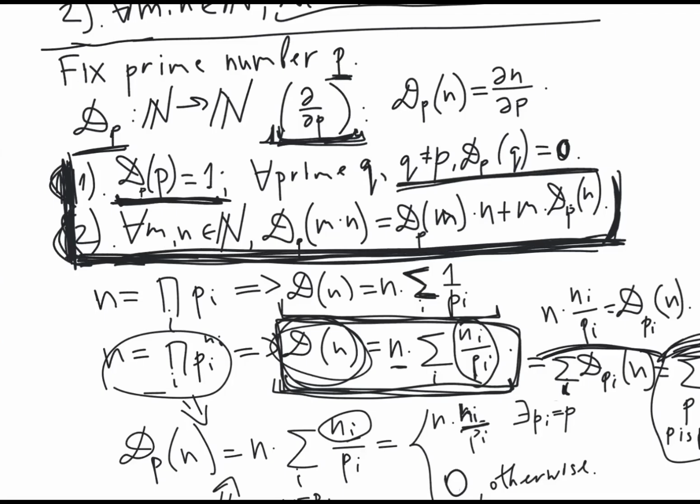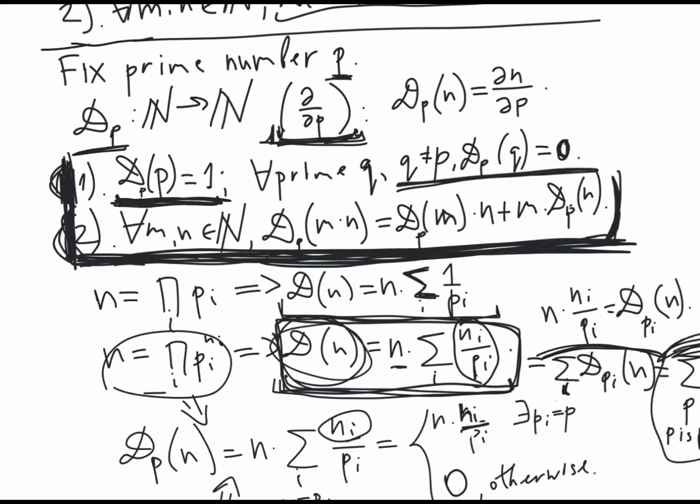If you consider an arbitrary function for which the product rule holds, but we don't know its values on the prime numbers, so the first property we drop and keep only the second, then for all such functions, the partial derivatives look like a basis, because each partial derivative is equal to 1 for one specific prime number and 0 for all other prime numbers.